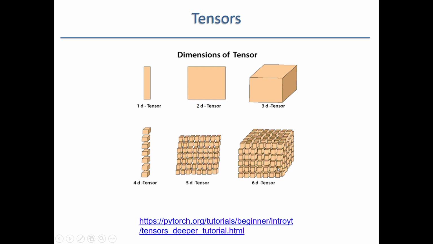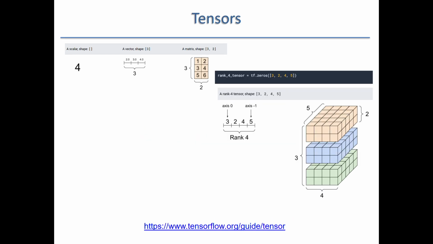So we can think of tensors as high dimensional arrays. For instance, this would be a scalar, a tensor of dimension 0. If you have a list of numbers, an array of numbers, you would have a tensor of dimension 1 and length 3 in the one dimension.